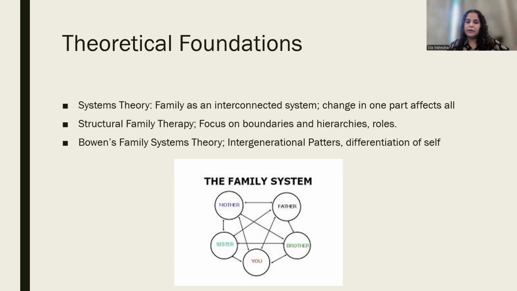So together, these theories, systems, structural, and Bowen's, are forming the foundation of family therapy. They are guiding therapists in understanding the different patterns in the relationships, and this is all leading towards a healthier family function.